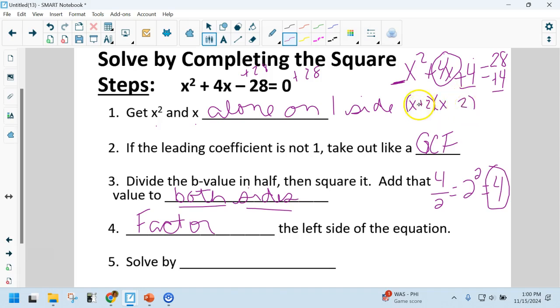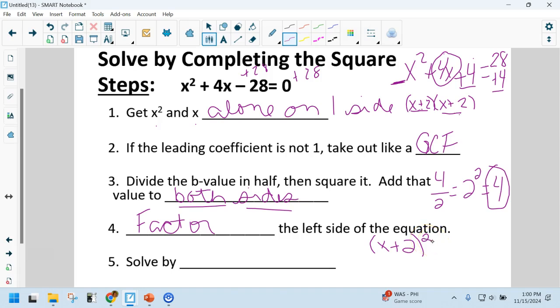But what you will find every time we do this is that these two groups are always going to be exactly the same. These two parentheses are going to be exactly the same, which means another way of writing it would just be, I'm going to skip down to the bottom here and write it as x plus 2 squared. Because there's 2 of them, they're exactly the same.